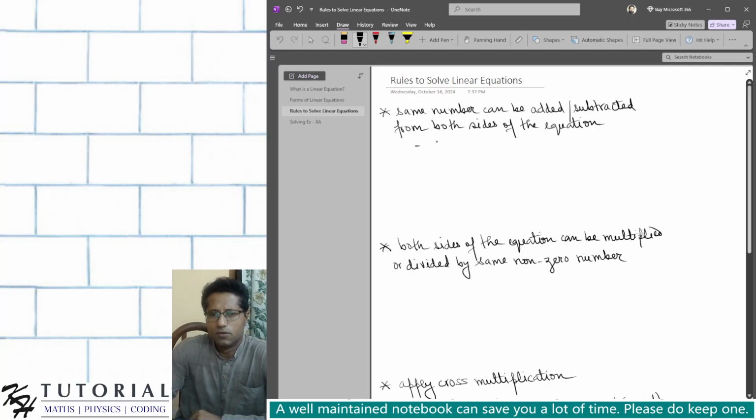Like if you have an equation minus 2x minus 2 is equal to, let's say, 4. So this is a linear equation.